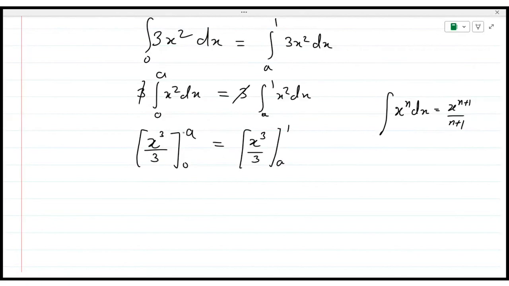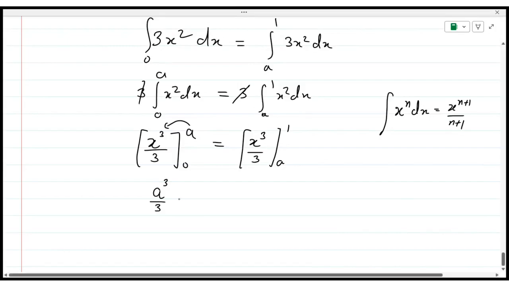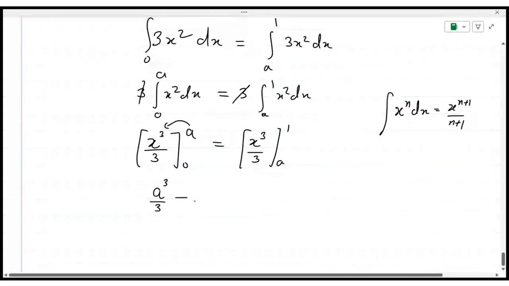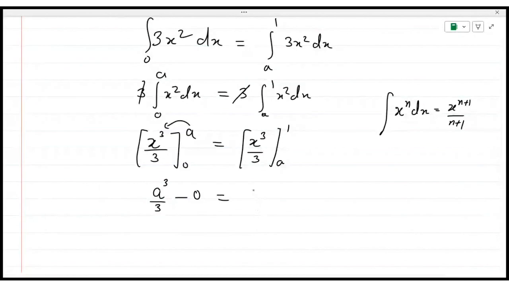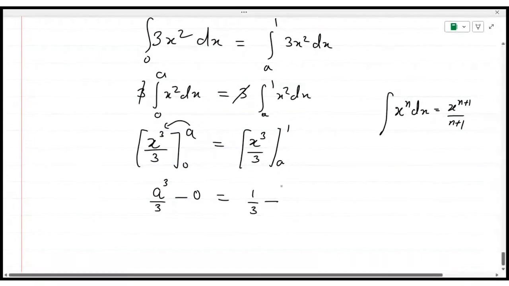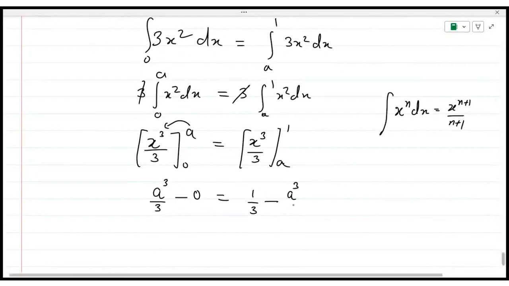Now first we will put the upper limit. If you put the upper limit here, you will get a cube by 3. If you put the lower limit 0 in place of x, you will get 0. And now on the right hand side, first put 1, you get 1 by 3. Then put the lower limit a, so you will get a cube divided by 3. Now send this a cube divided by 3 to this side, so it will be added here.